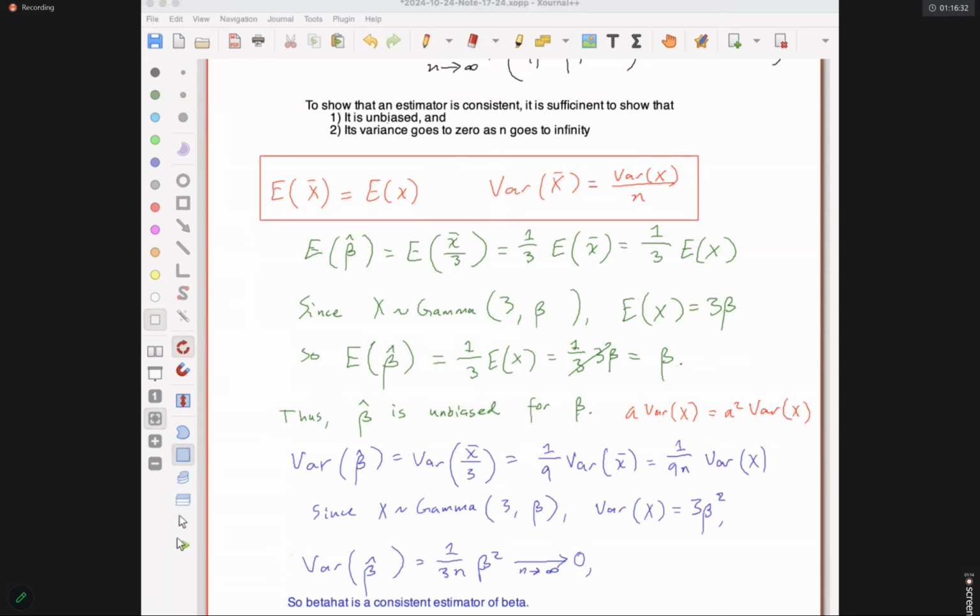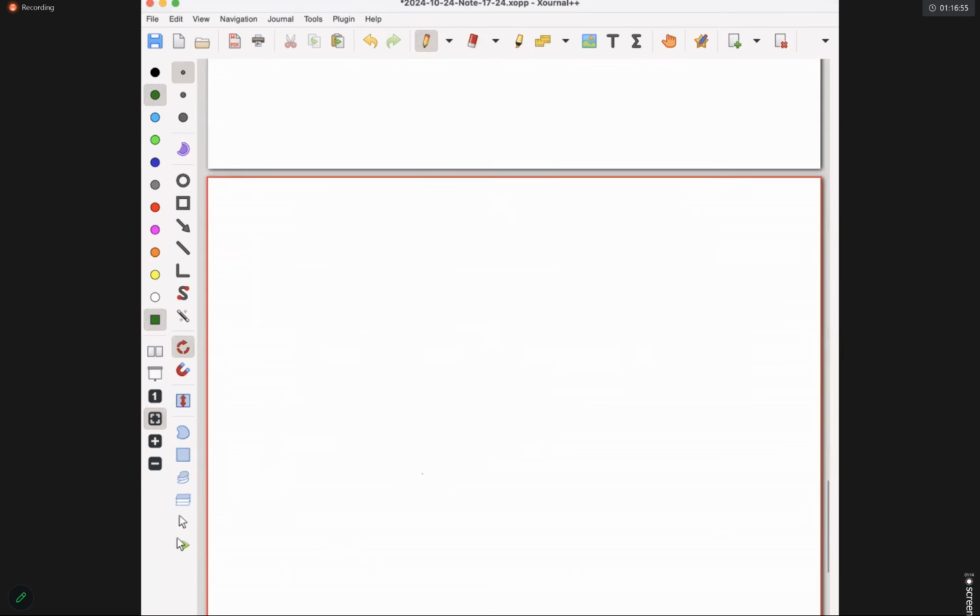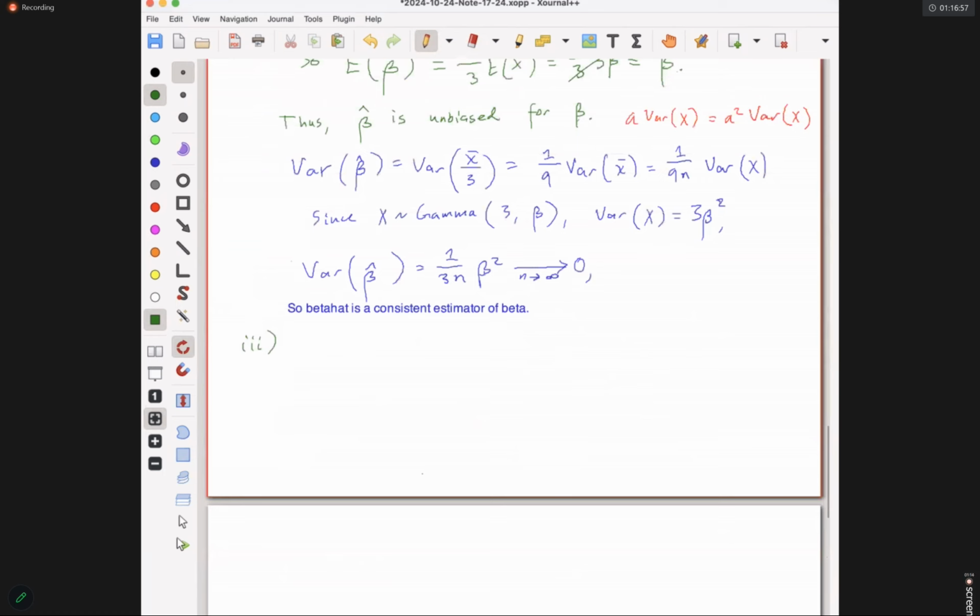Okay. And next, we want the asymptotic distribution of beta hat. And what do we say for this?